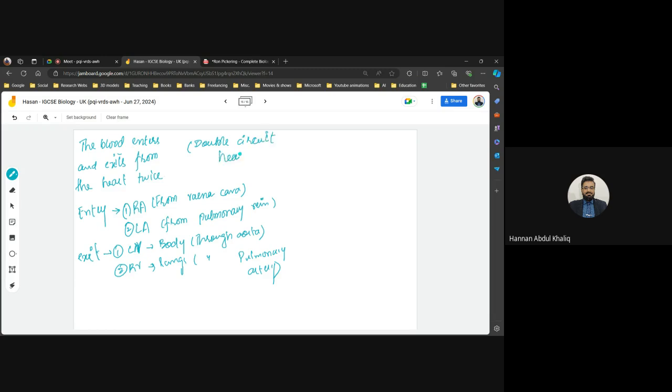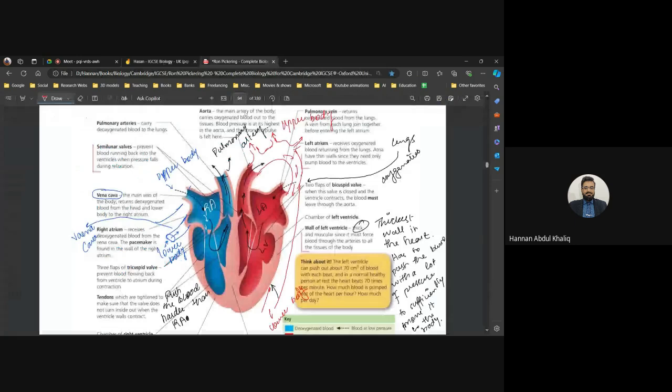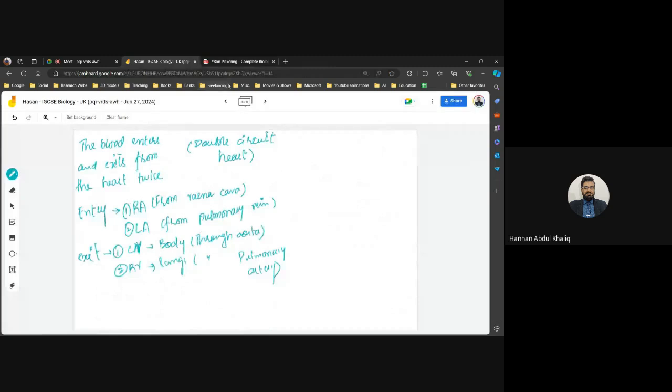Double circuit heart. Another very important thing you can see over here is the presence of the valves inside the heart, cardiac or heart valves.